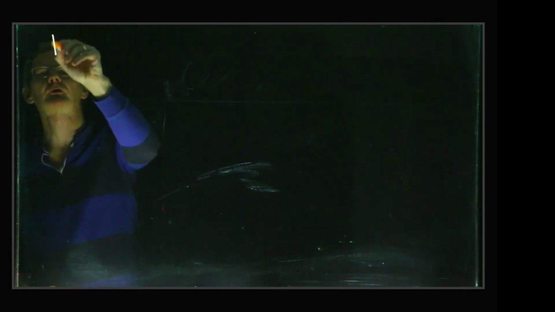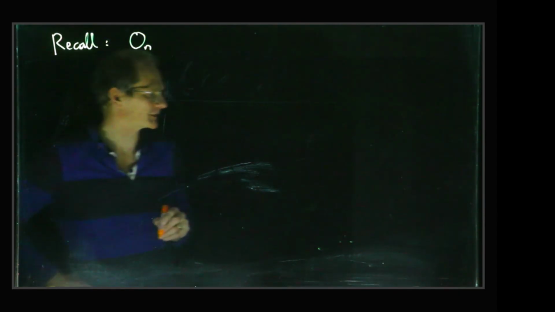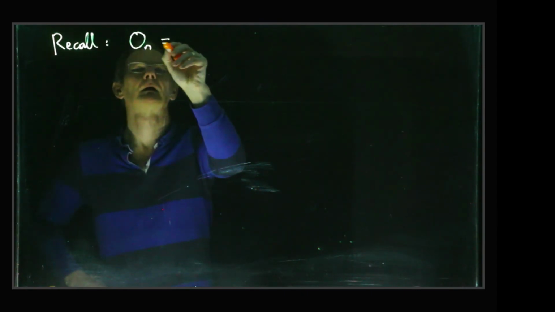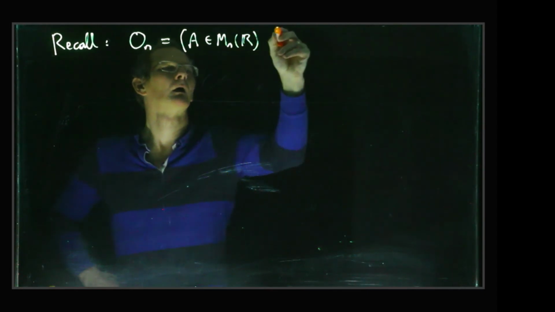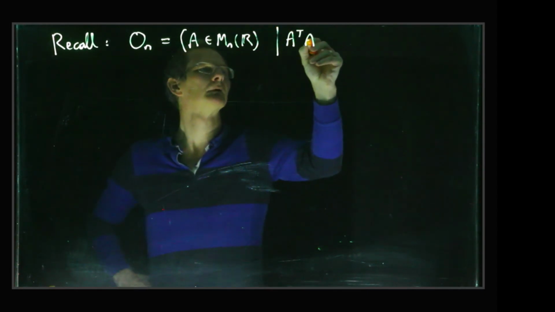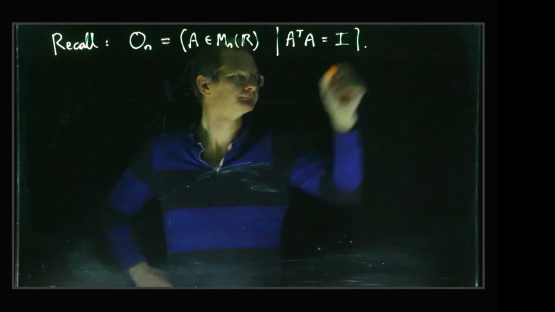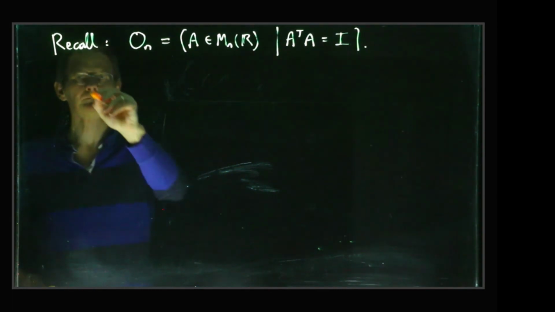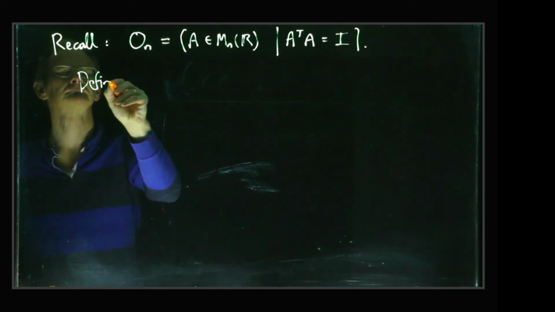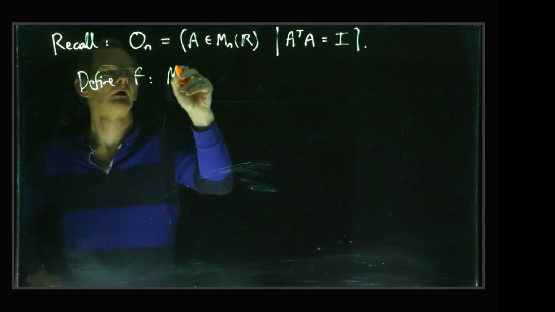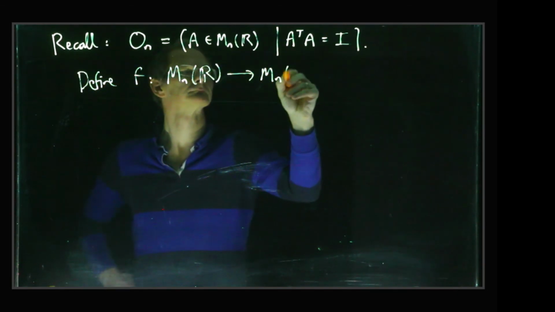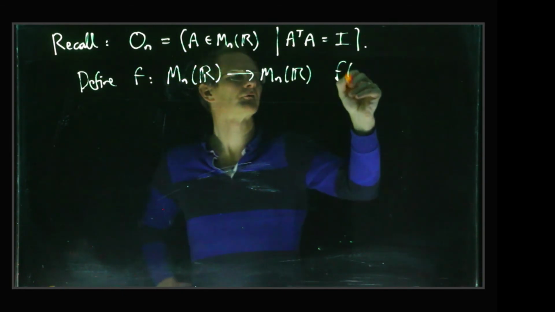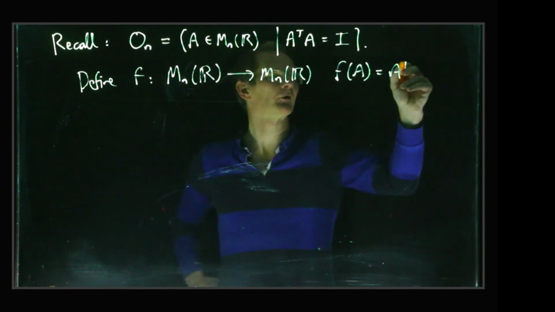Okay, so let's recall we've considered several times the orthogonal group On. That's the set of n by n real matrices with the property that A transpose A is equal to the identity. Okay, so we can define f from MnR to MnR just by f of A equals A transpose A minus the identity.